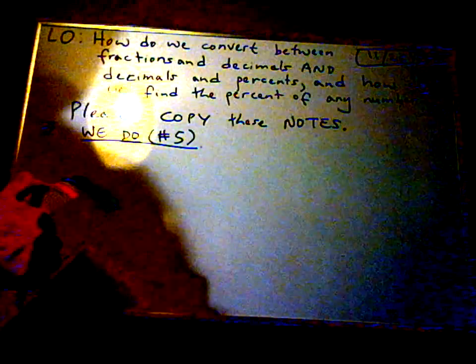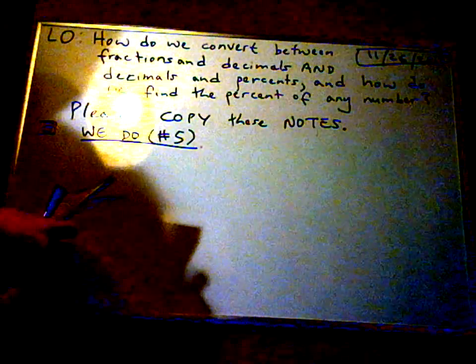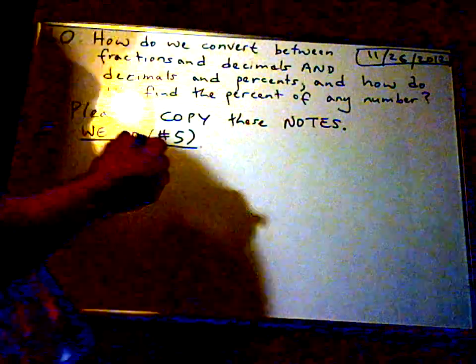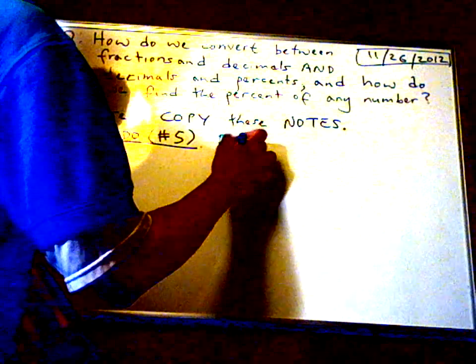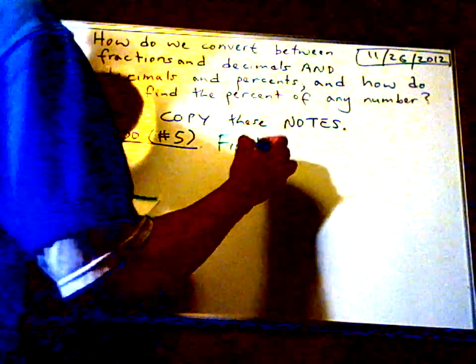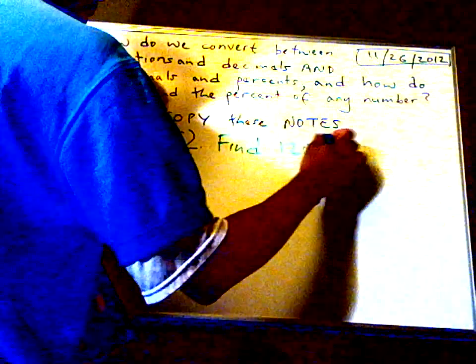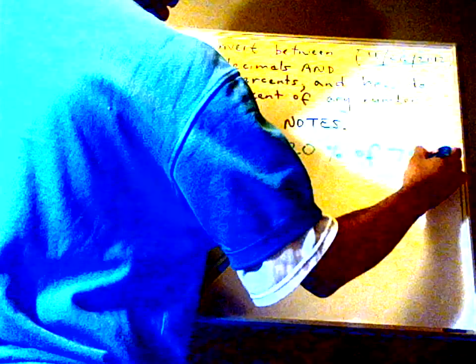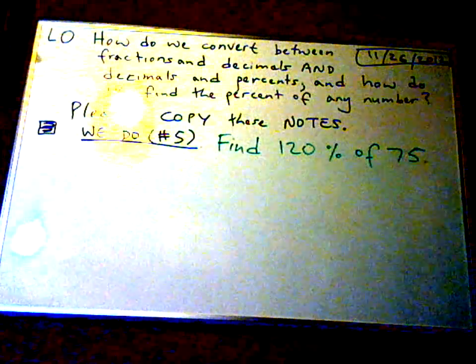All right, so now let me just ask a question quickly. If I ask you to find 120% of 75, should I expect a bigger number, or should I expect a smaller number, and why?